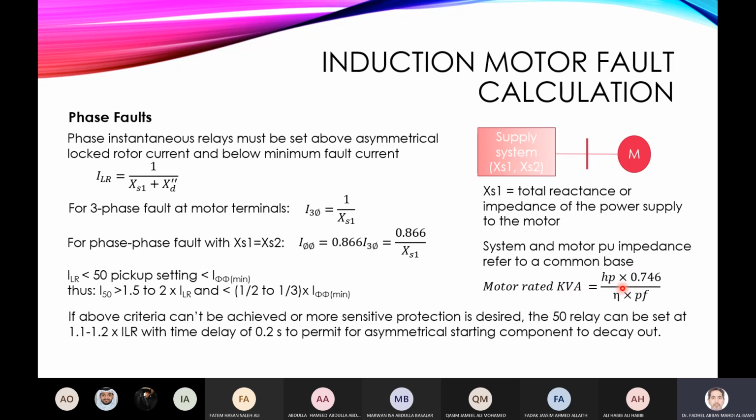Normally you take the HP, the horsepower, which represents your output mechanical power, times 0.746 to convert to kilowatts, divided by efficiency and by power factor, which gives you the rated kVA of the machine. So most of the parameters of the machine are based on this value if given in per unit quantities.